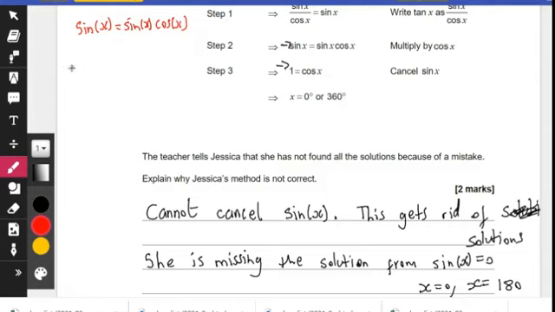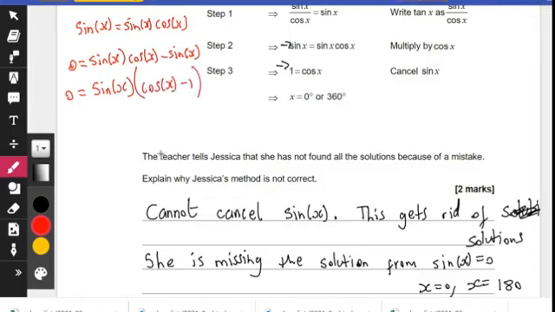So you can say 0 equals sine x cos x minus sine x. And then 0 equals sine x, open bracket, cos x minus 1. That's just factorizing out sine x. So the best way to do it would be to factorize sine x rather than divide.